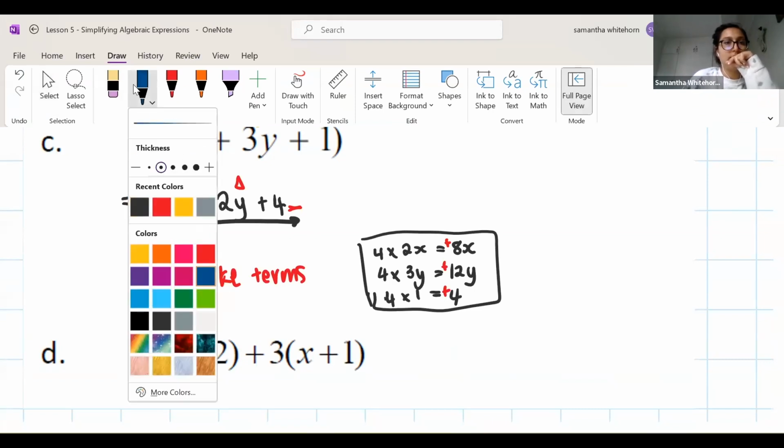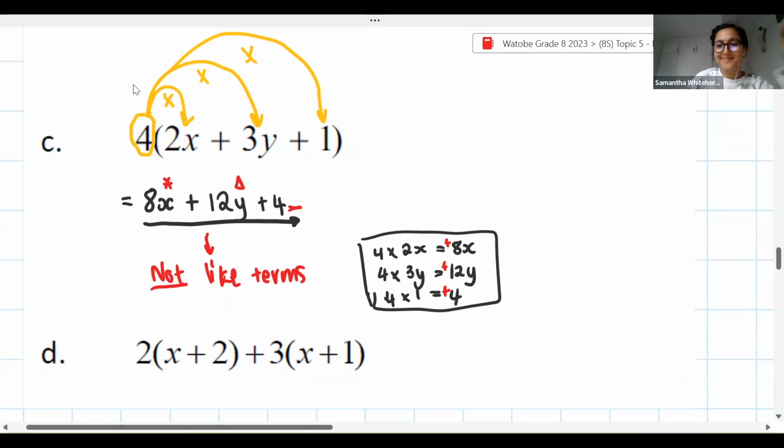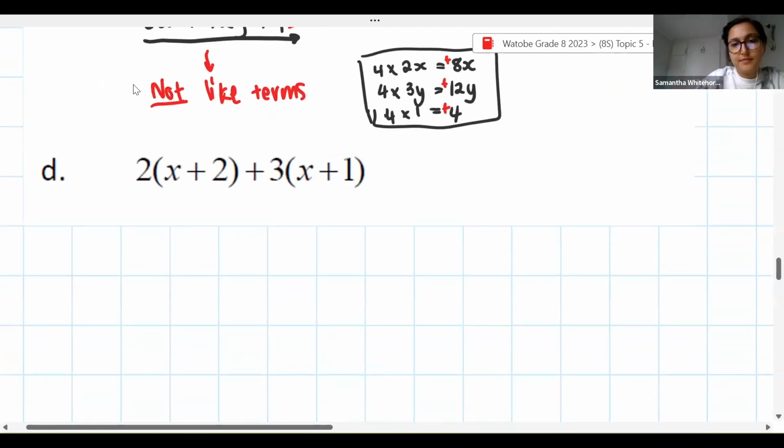Right, who wants to raise a hand to help me out here? Okay, Aluta, help me with this one. So I said 2, because we have an invisible 1 there by x. So I said 2 multiplied by 1 is equal to 2x plus 4, because 2 multiplied by 2 is equal to 4.